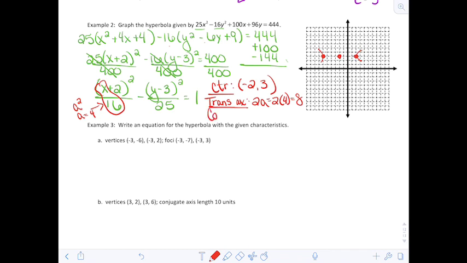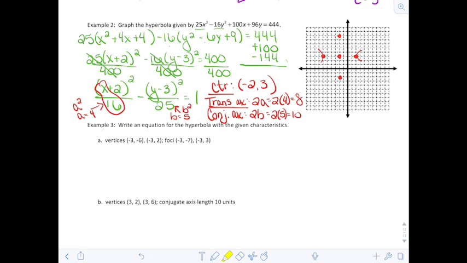Okay, my conjugate axis is 2b. B squared is 25, so b is 5. So 2 times 5 is 10. So I'm going to go up 5 and down 5. 1, 2, 3, 4, 5. And 1, 2, 3, 4, 5.